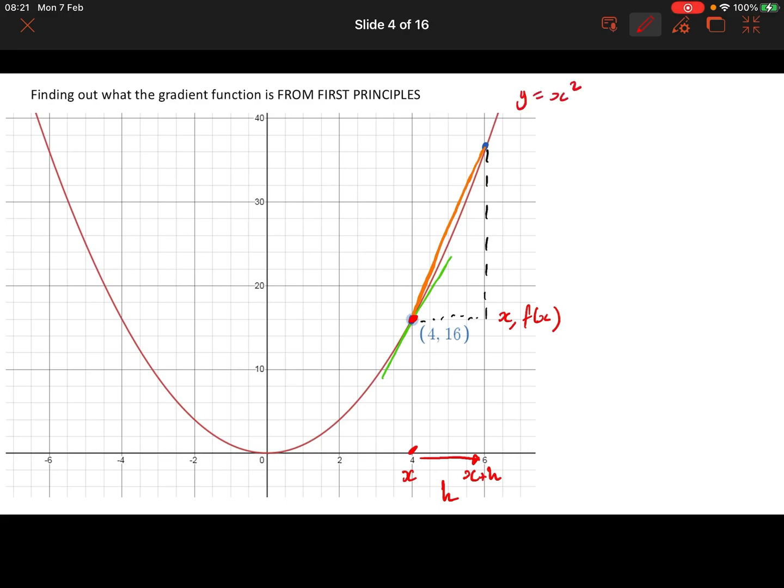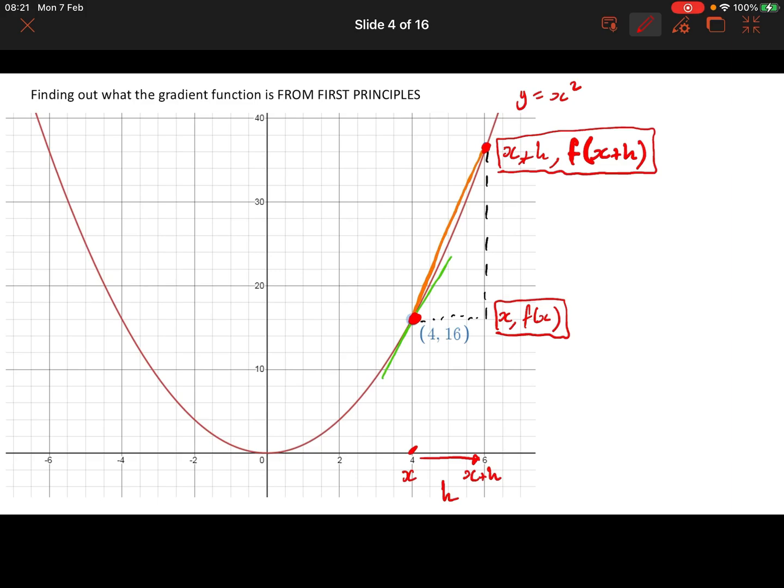So if this has an x value of x, and a y value of f of x, then this point here has an x value of x plus h, and so the y value is f of x plus h. Okay? I hope that makes sense. So this red point here has this coordinate, we're talking in general terms, and this point here has this coordinate. Okay, x plus h, f of x plus h.